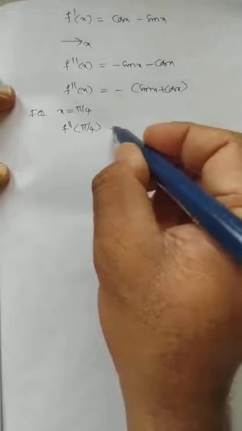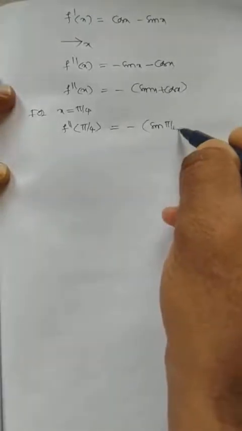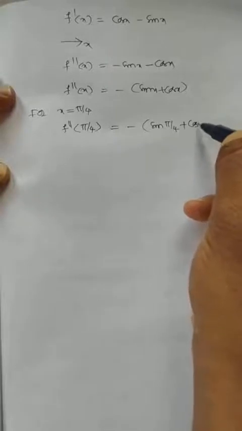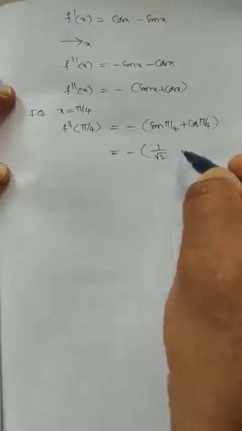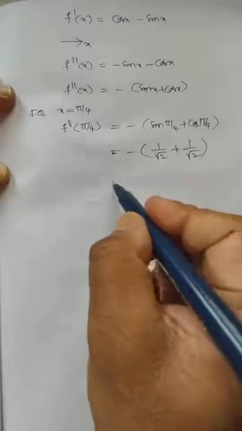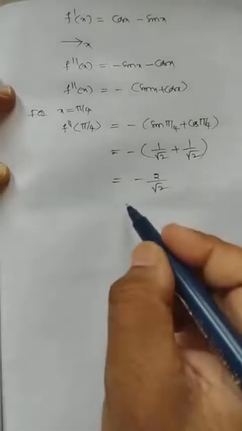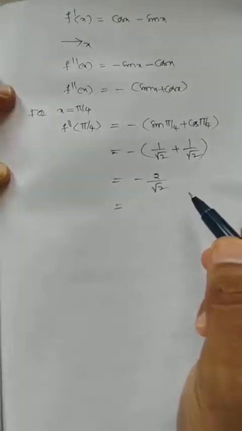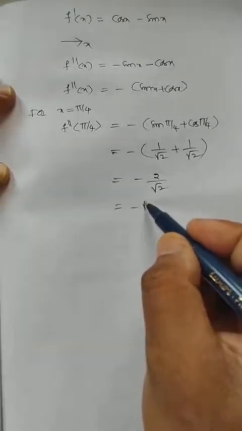We will check. It is minus of sin pi by 4 plus cos pi by 4. Sin pi by 4 is 1 by root 2, and cos pi by 4 is also 1 by root 2. So minus 2 by root 2, which is negative. We will simplify it: we get minus root 2.